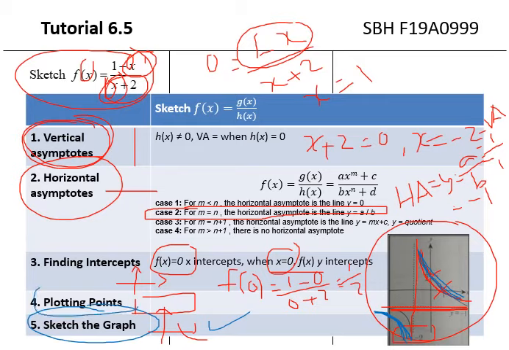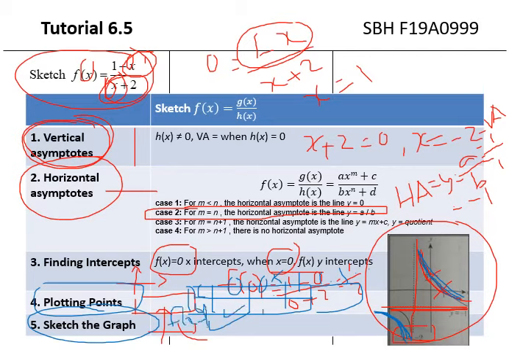What's the plotting points for this case? In case we're interested, we can put it into a table. x, we can have the values 0, 0.5, 1, 1.5, and we look for the corresponding value of y, of f(x) here.